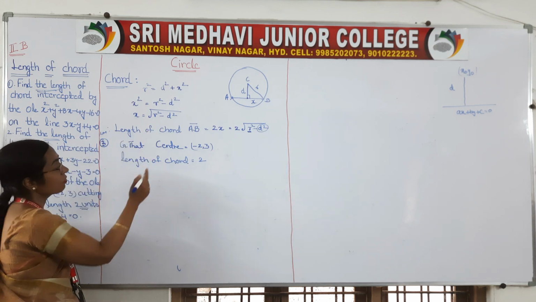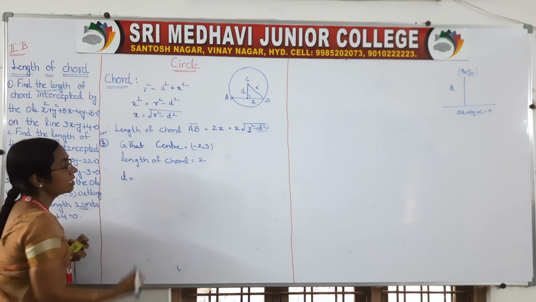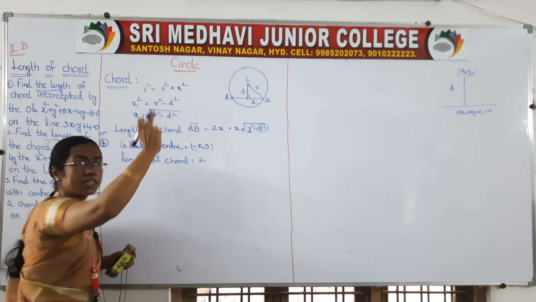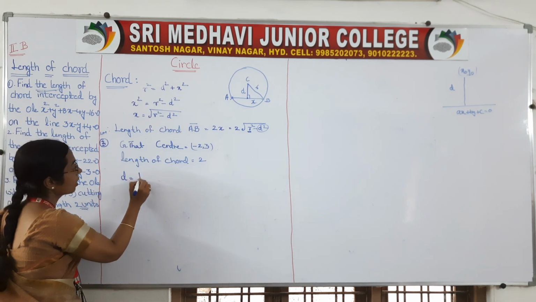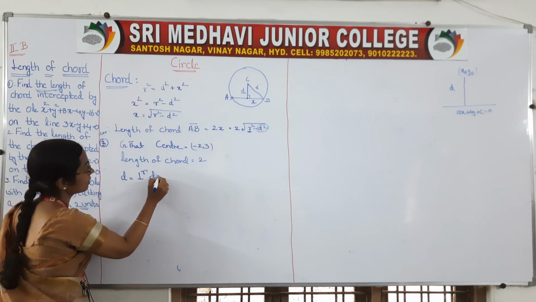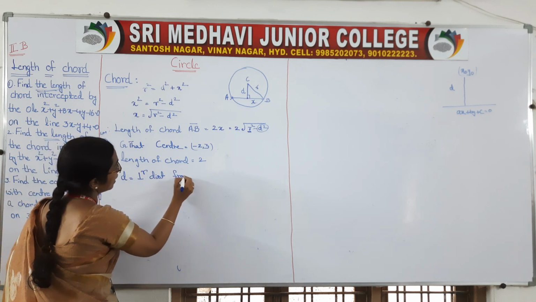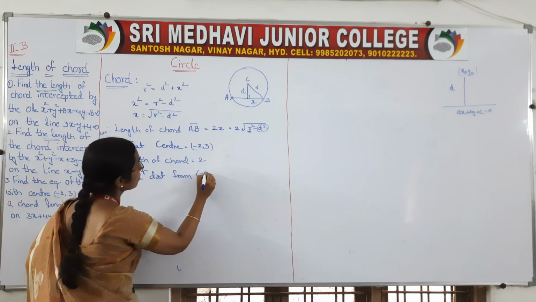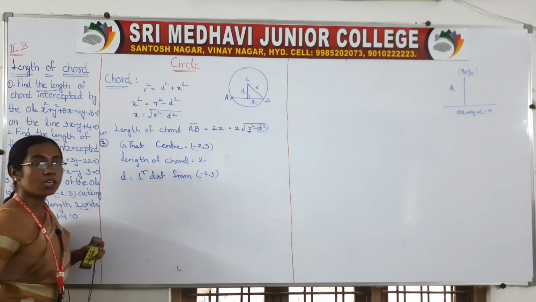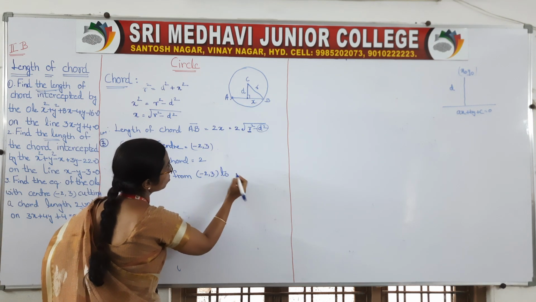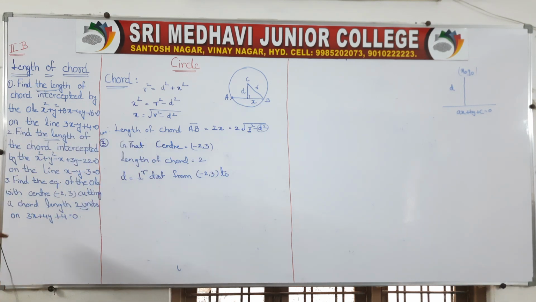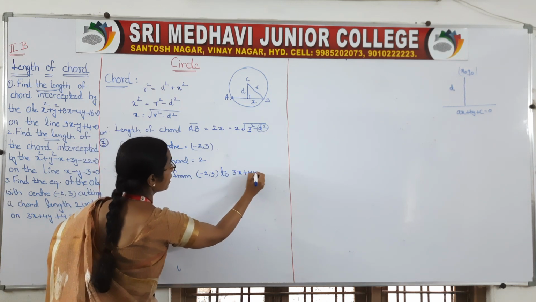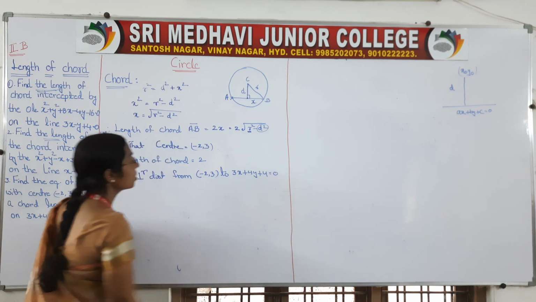So come on, now we will find that d. What is d? In all these problems I said d is nothing but the perpendicular distance from the center to that line. The center is (-2, 3), given in the question, and the line equation given to us is 3x plus 4y plus 4 is equal to 0.